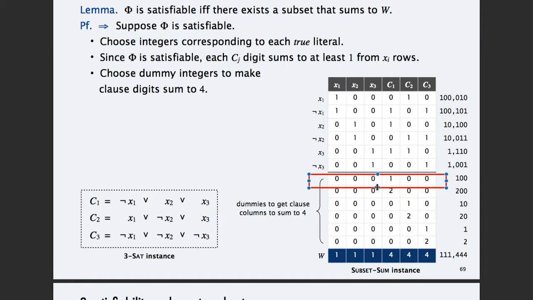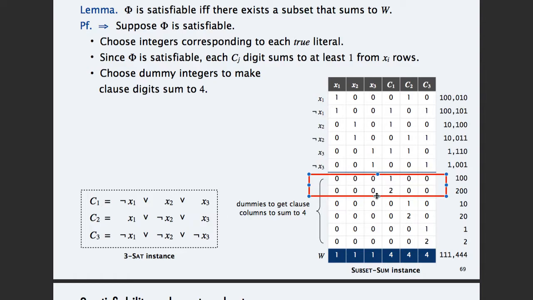So these 2 rows are for C1. One of them has a 1 and the other one has a 2 on the corresponding column for C1. What this enables me to do is to require 4 as the value for C1.